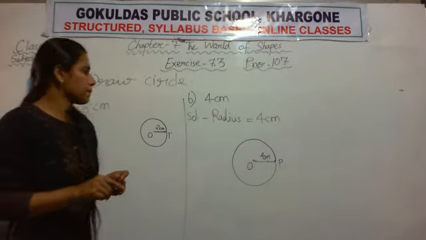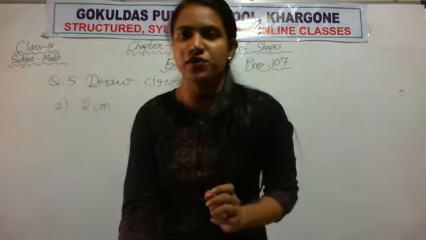You will get a circle. So this is how you can draw a circle by using a compass.